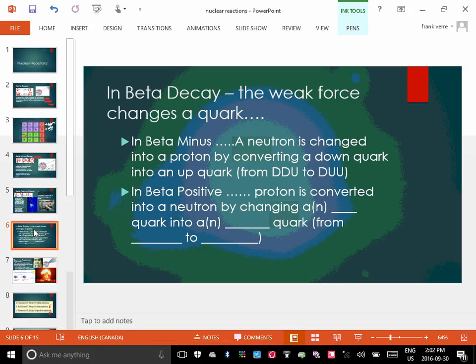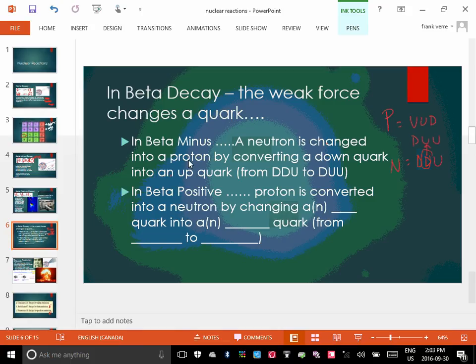A proton is up, up, down, and a neutron is the opposite, down, down, up. So if we change a neutron into a proton, one of the down quarks has to be changed to an up quark. That's what happens in a beta minus decay.